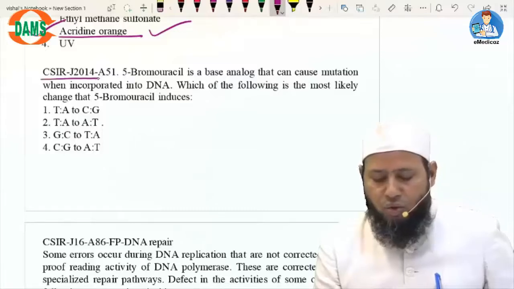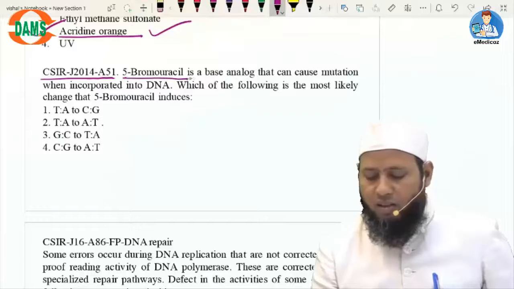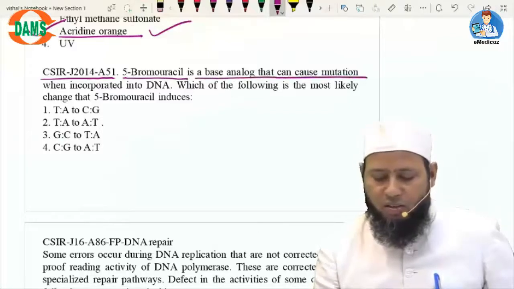Another question is June 2014, question number 51. Bromouracil is a base analog that can cause mutation.